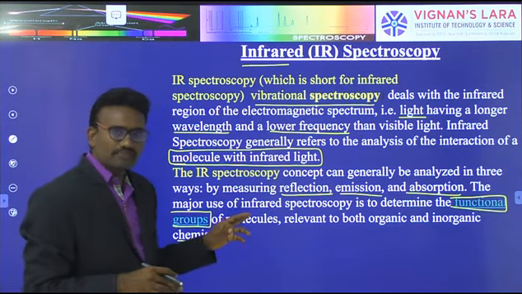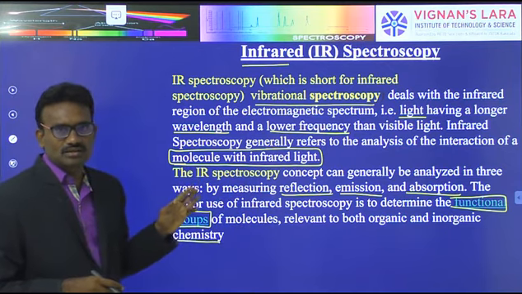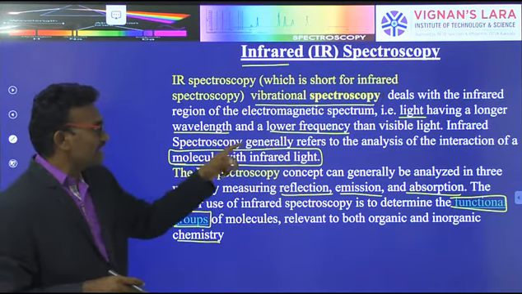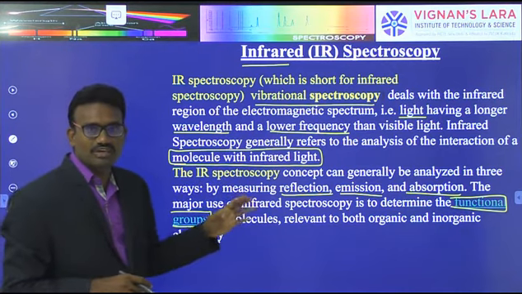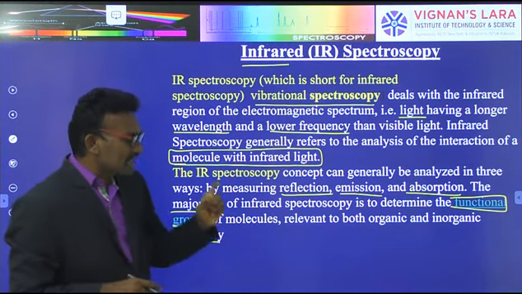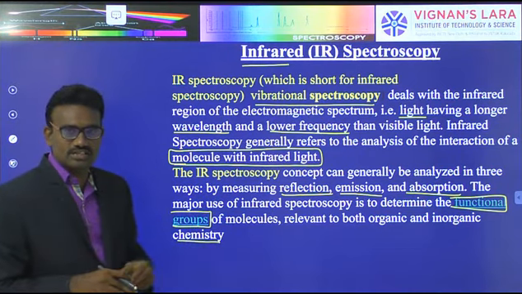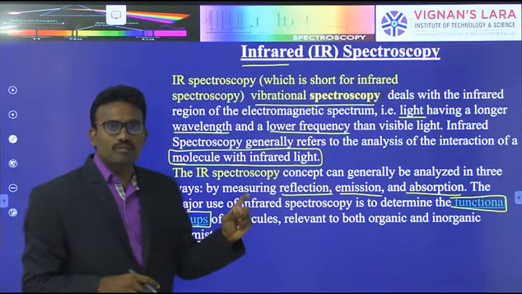So it is a simple method compared with the other processes, but it requires IR spectroscopy instrumentation, and the instrumentation cost is very high. So any molecule placed in the IR spectroscopy instrument, we can determine its functional groups.